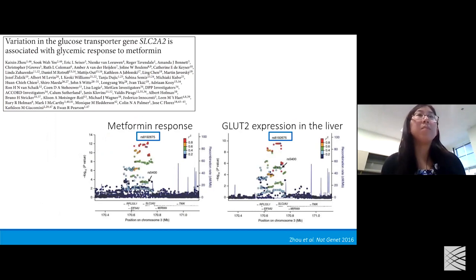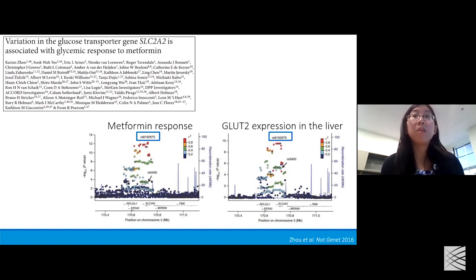And this variant in an intron at the SLC2A2 gene, which encodes the GLUT2 glucose transporter, was found to have an association with a greater reduction in HbA1c compared to the T homozygotes.